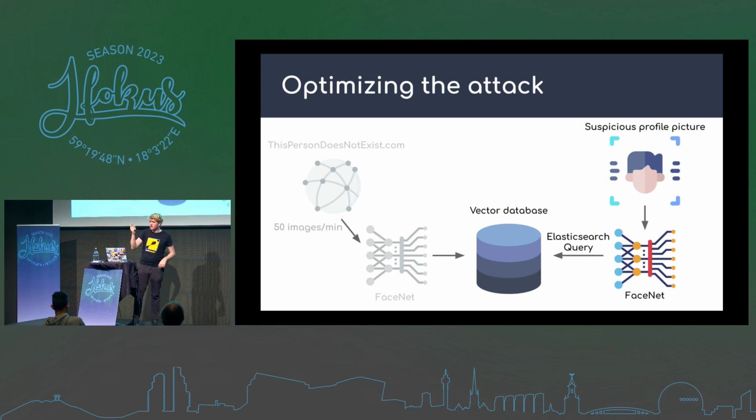If we find a match, it means that this face has been seen before, so it was generated on thispersondoesnotexist.com while our script was running. Of course, I cannot predict the past, but running the script long enough, usually for a year, will cover 100% of the profiles because they usually get banned quite quickly.